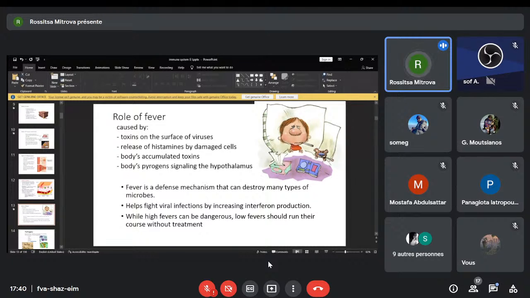While high fevers can be dangerous in small babies, the central nervous system is not well functioning in the early ages. The function is quite well developed, but not quite ripe. So high fevers can be dangerous, but low fevers should run their course without any treatment.